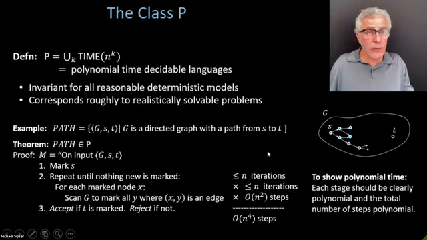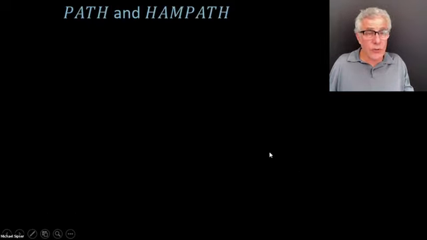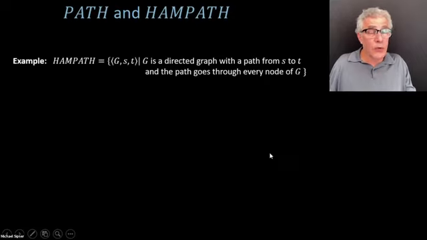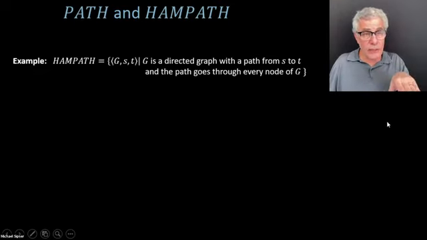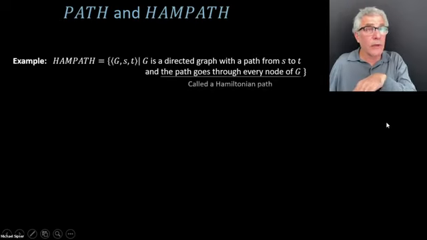Okay, so we're near the end of the hour. I'm going to introduce one last language here called HAMPATH. The HAMPATH problem is, I'm going to ask now again for a path from S to T, but now a different kind of path, one that goes through every node of G along the way. So I'm looking for a path that hits every node of G, not just the shortest, most direct path, but in a sense, the most indirect path, the longest path that goes from S to T and visits everything else along the way.